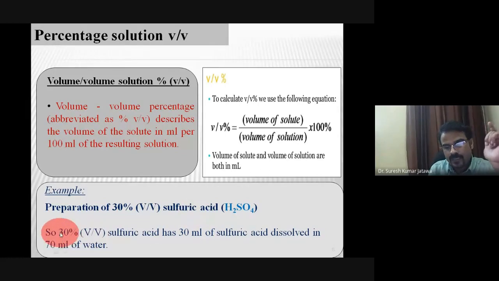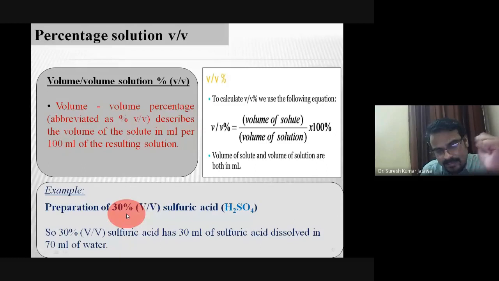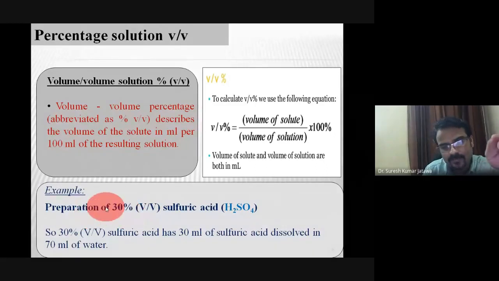If you are preparing 30% volume by volume, it has 30 ml of sulfuric acid dissolved in 70 ml water. How? As I said earlier, percent is parts per 100. And here the problem is saying 30%, 30 parts. 30 parts of 100 becomes 30 ml.